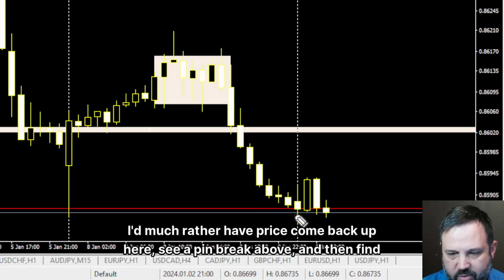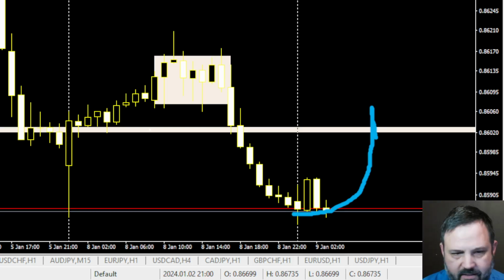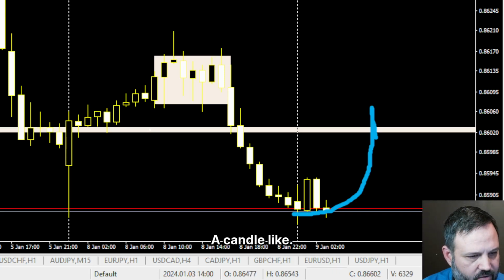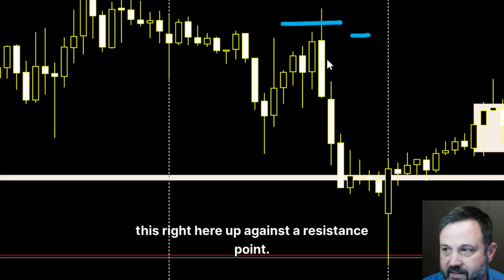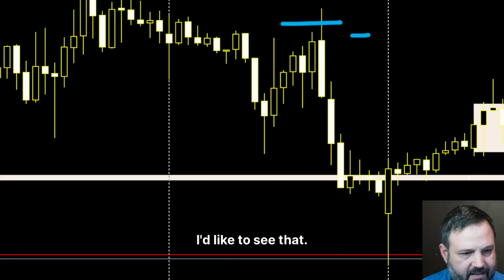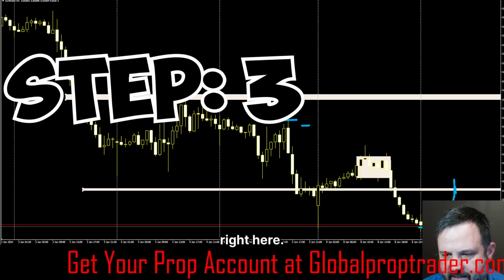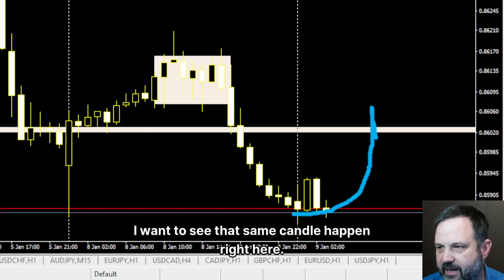I'd much rather have price come back up here, see a pin break above, and then find a candle like this. Let's go back. A candle like this right here up against a resistance point. I'd like to see that right here. I want to see that same candle happen right here.